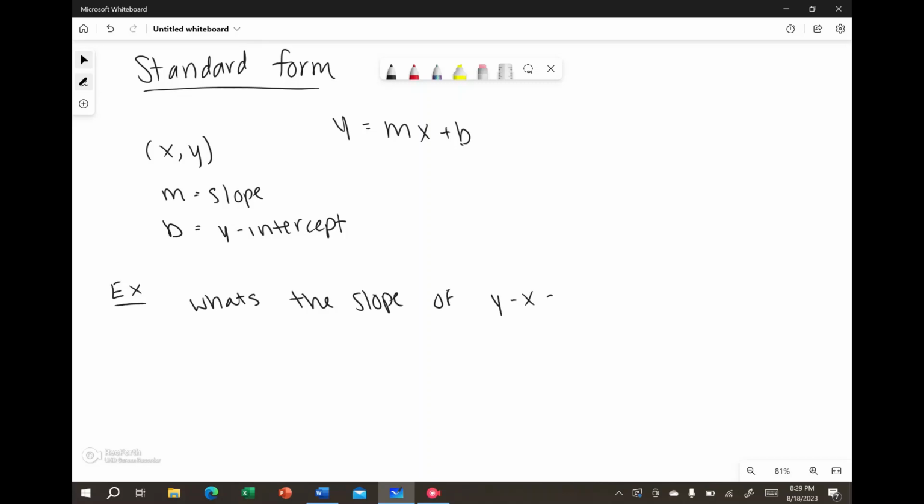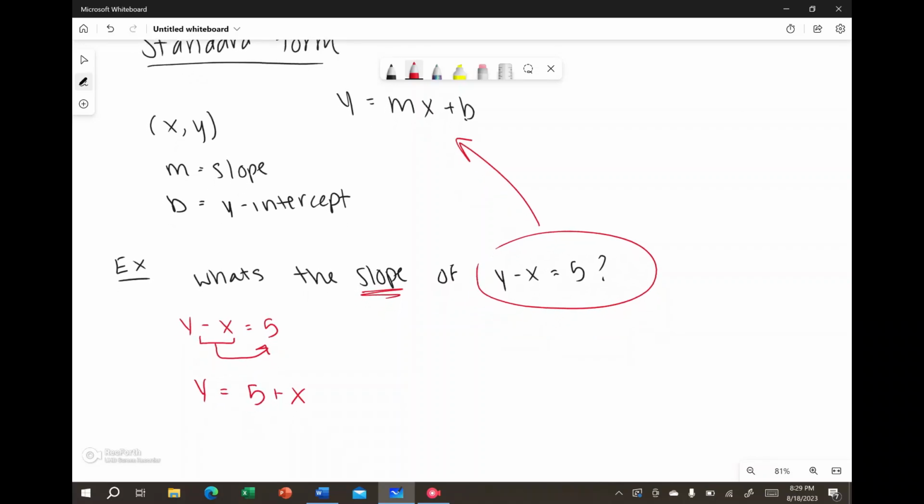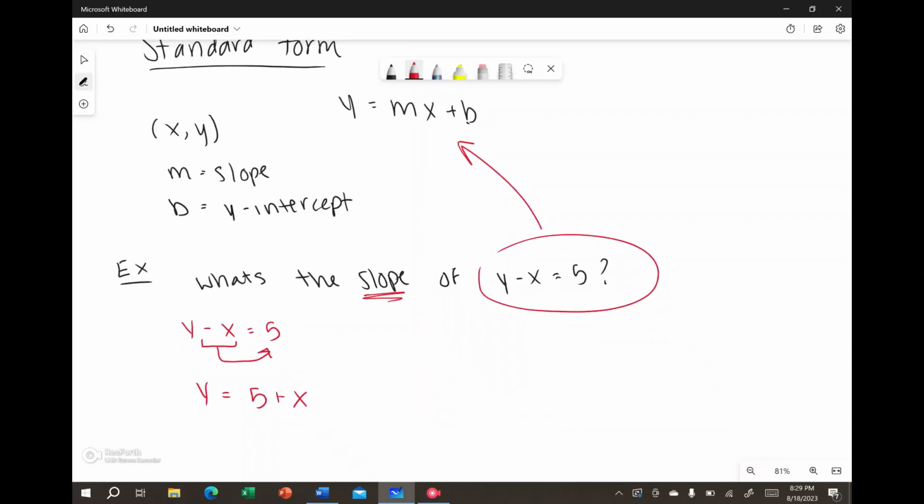So let's work on an example, and let's be asked, what is the slope of y minus x equals 5? It's kind of in this form, but we have to make sure we rearrange it properly. Simply, we're just going to add that x to the right, so we get y equals 5 plus x.